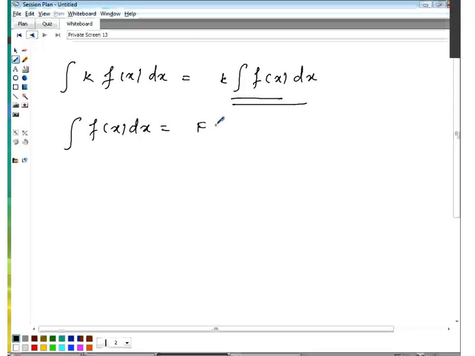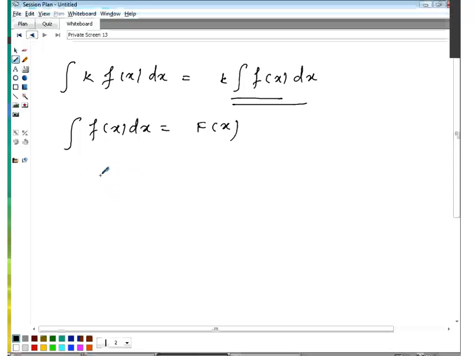Let it be capital F of x. Don't worry about arbitrary constants. You can imagine that it is built in. It is inside capital F. We know from differentiation, okay, let me write one more step first.